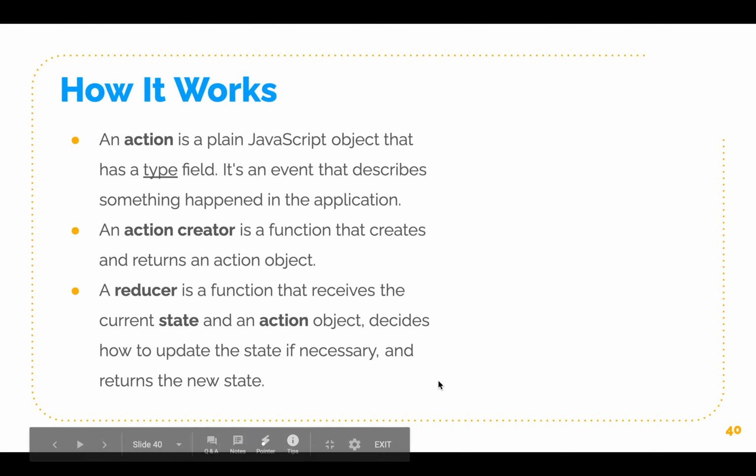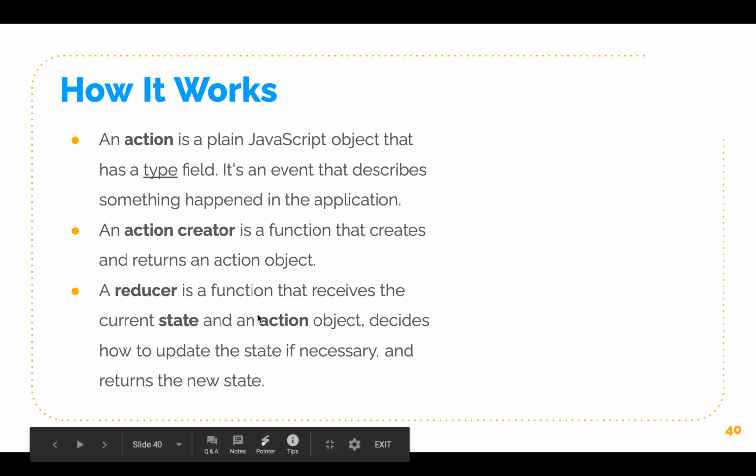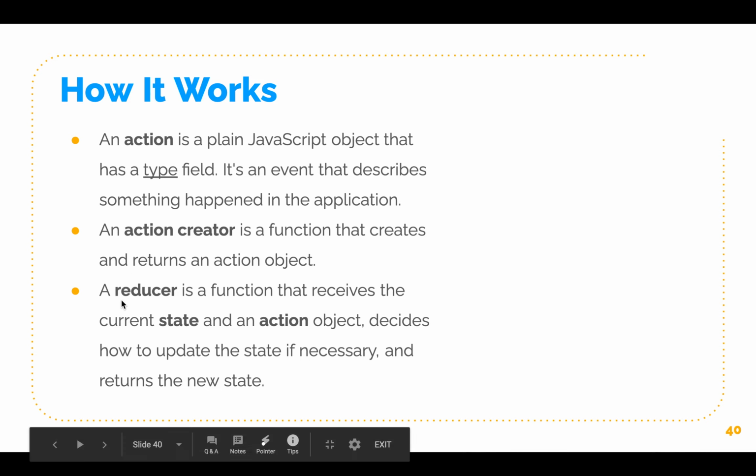A reducer is something that we define, and what it does is it takes in a state and an action object, and it figures out how to update that state on the store, and then it returns the new state. So reducers are actually a common programming term.